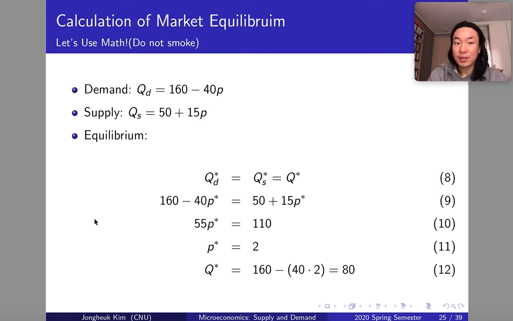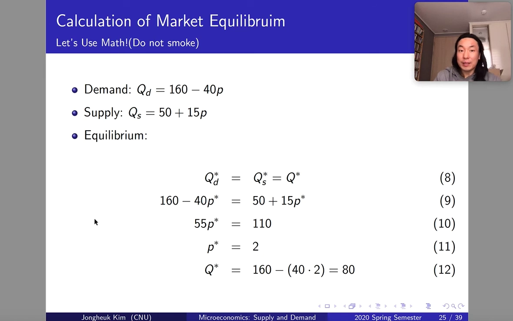QD means quantity demanded, and QS means quantity supplied. The quantity demanded will be affected by two factors: a constant number, 160, and the price, P, which is an unknown variable, with the coefficient of -40. And quantity supplied will also be affected by two factors: the constant and the price level of that good.